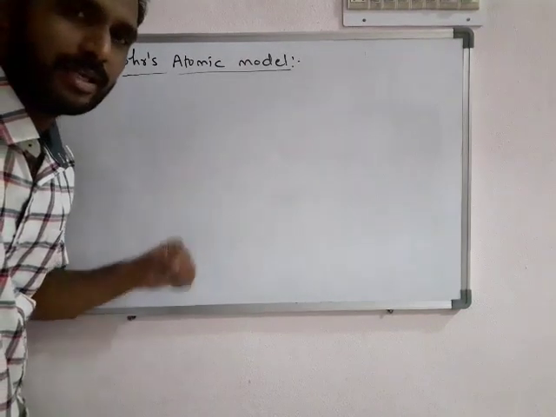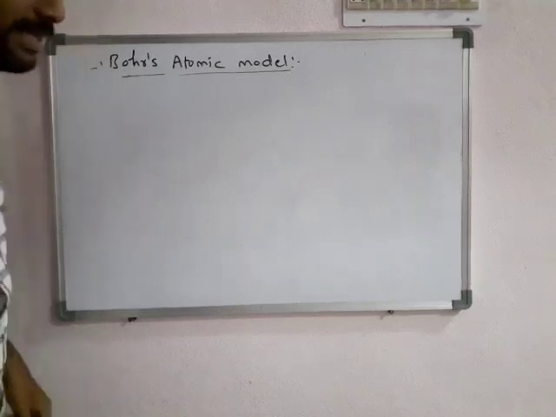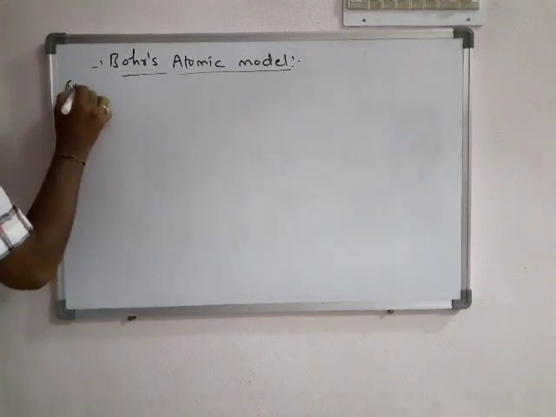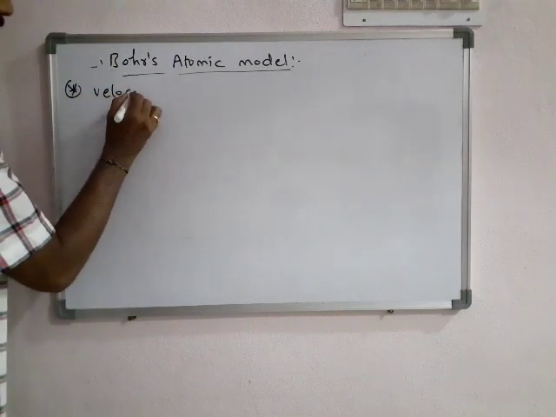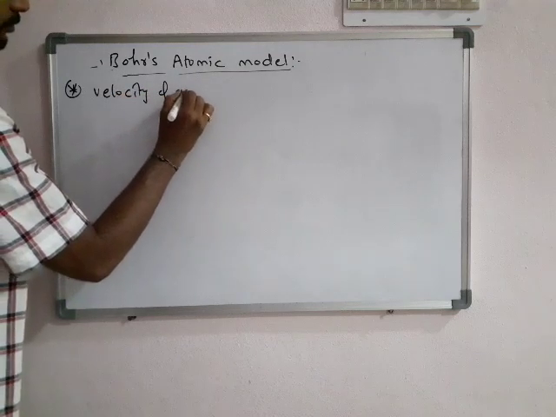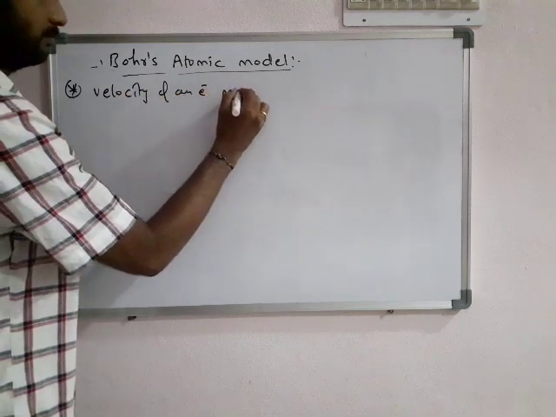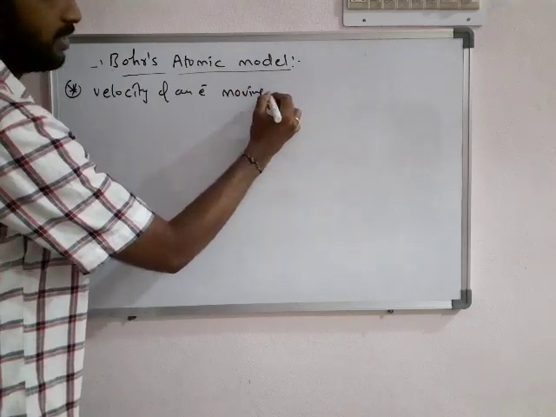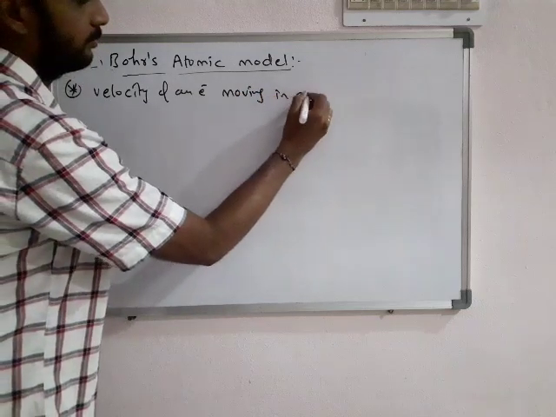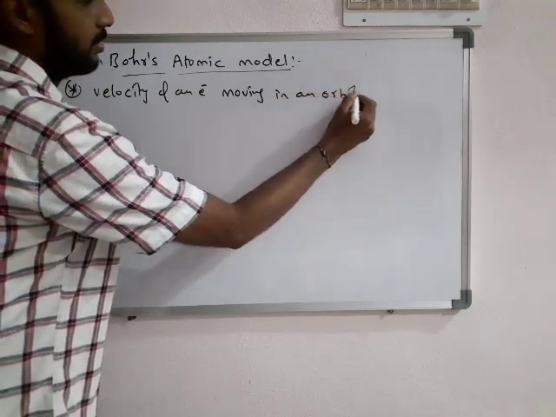He also gave an expression for the velocity of an electron moving, nothing but revolving, in an orbit.